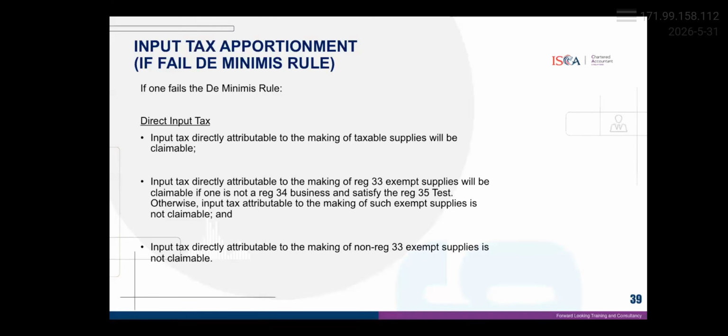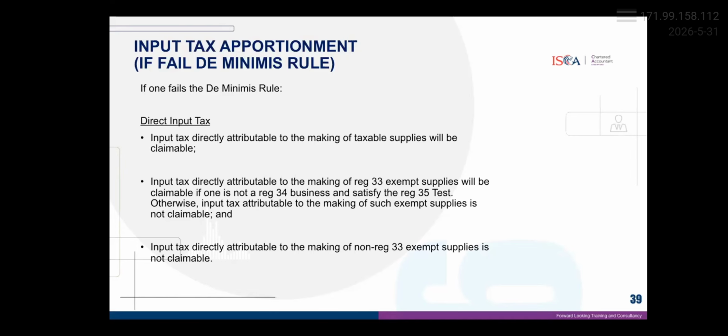Now, having said the de minimis rule and also the Reg 33 exempt supply, let's talk about what happens if you fail the de minimis rule. Then we have to move into the input tax apportionment.